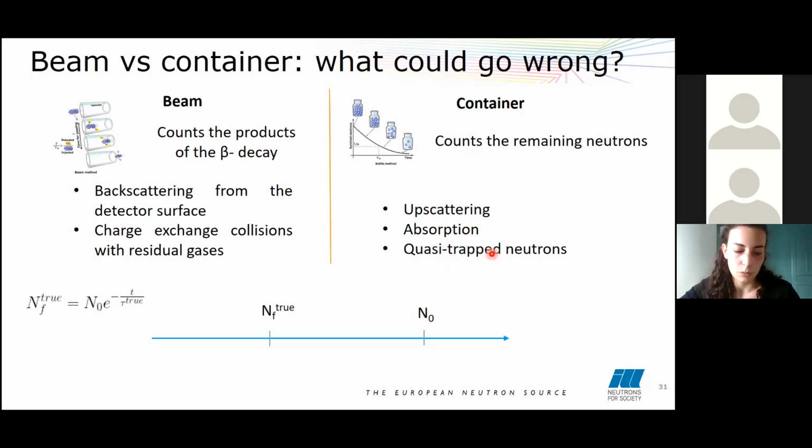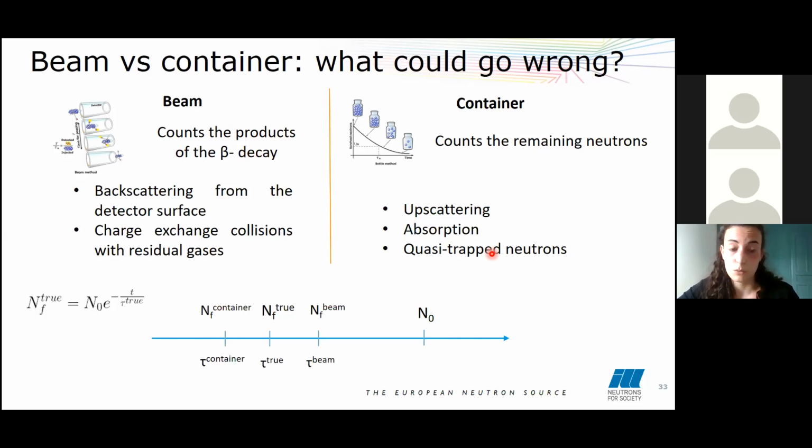Summarizing the problem, the two methods measure two different observables, which are opposite. This means that a leak in the beam method would cause an overestimate of the number of remaining neutrons, while a leak in the container method would underestimate it. And this error will be transferred to the estimation of the lifetime.